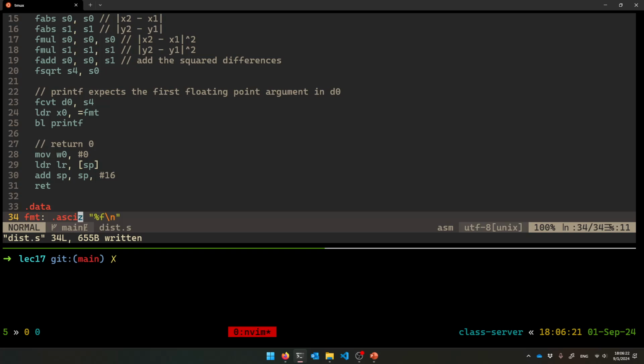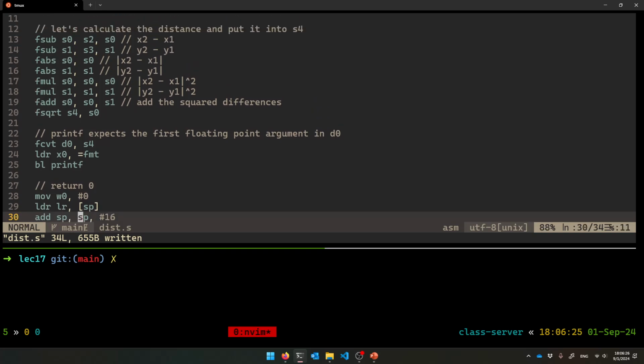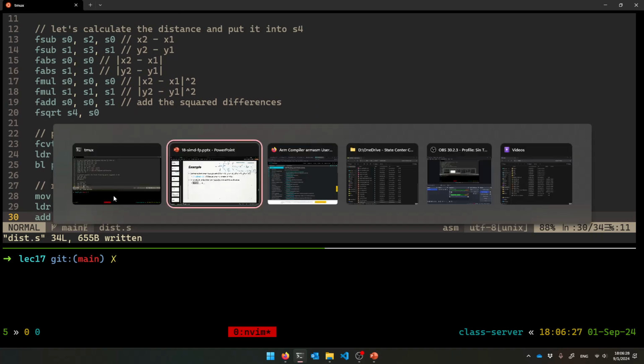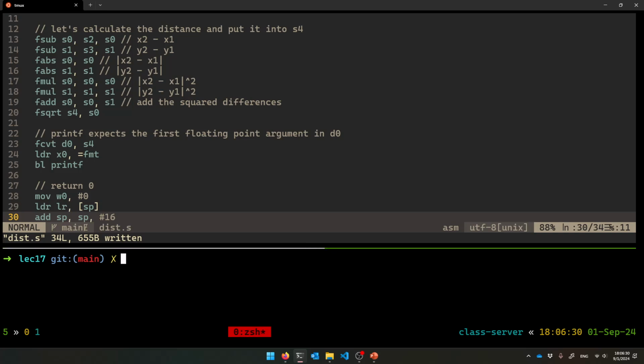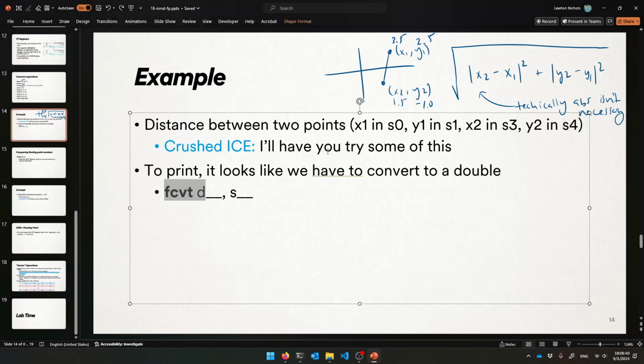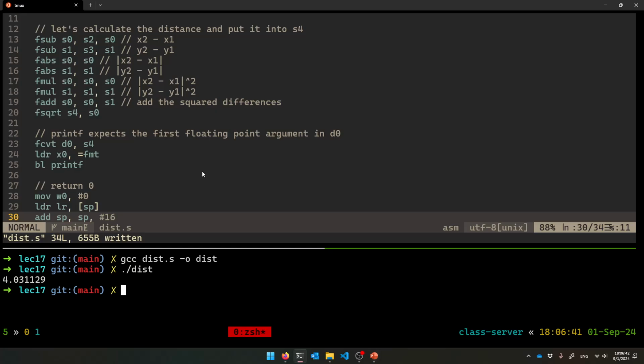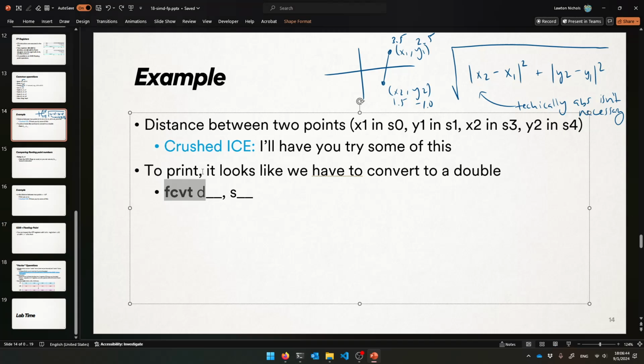Let's see. Is there anything else I wanted to say about this? I think that's pretty much it for now. Let's see if this compiles and runs. Wow, apparently this is the distance. We'll see. I guess we can check our answer, can't we? We're gonna be like 3.5 minus 1.5.